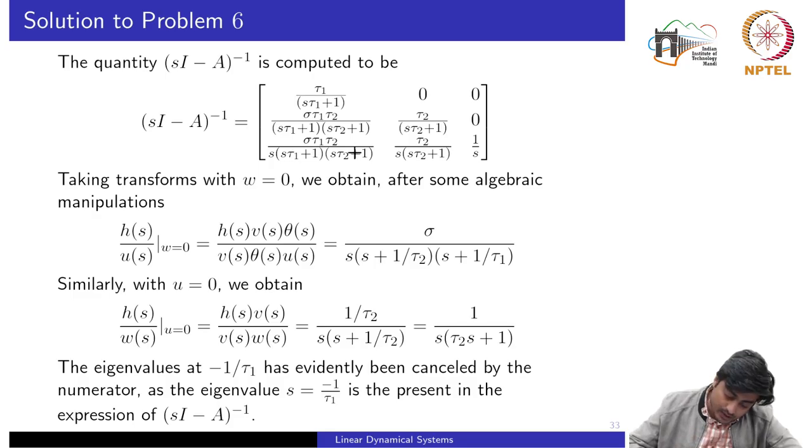If I compute the poles of this matrix, we have poles at 0, minus 1 by tau 1 and minus 1 by tau 2.